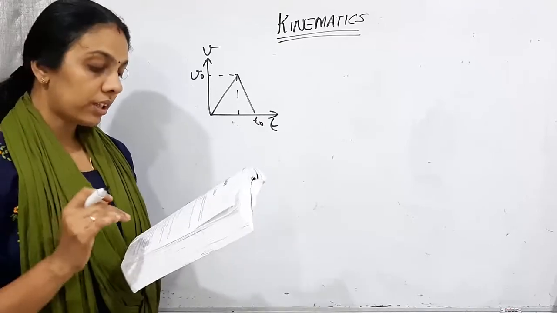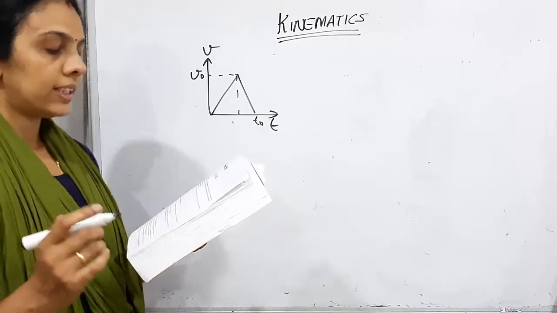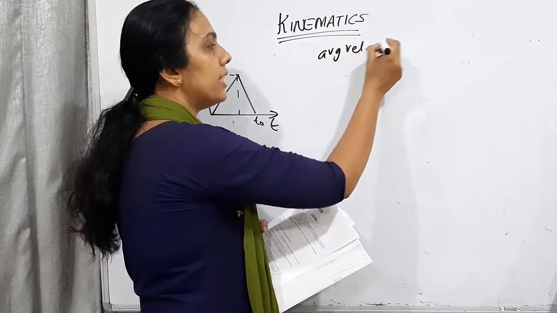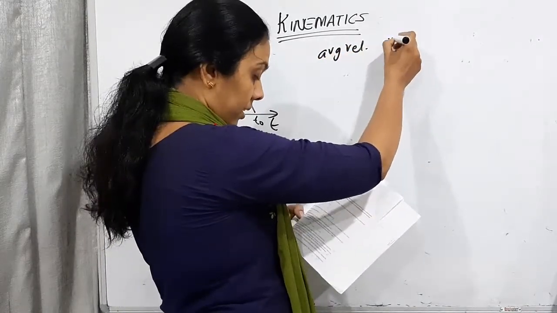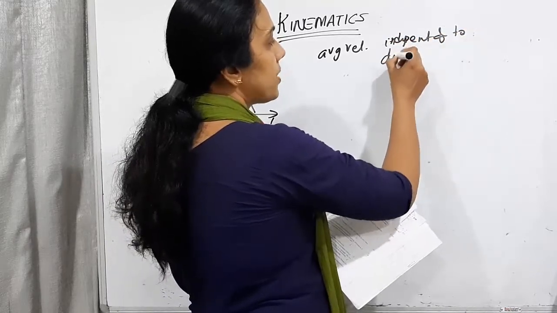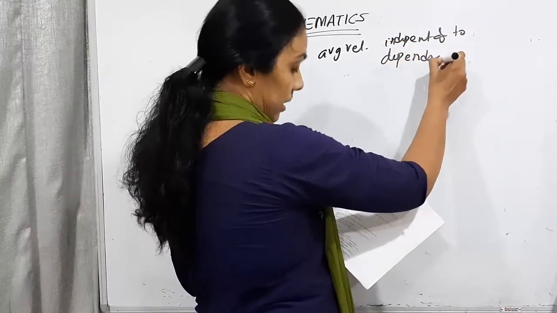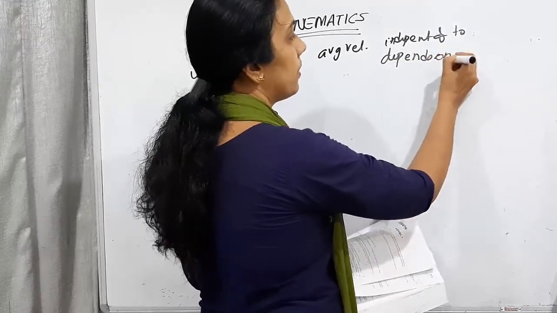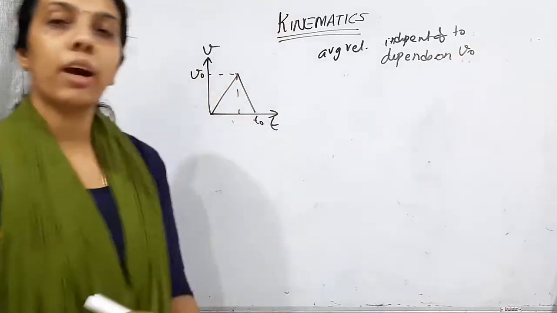So the assertion says average velocity is independent of t0 and depends on v0.